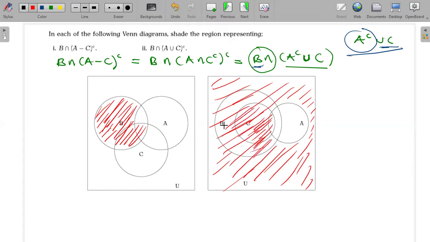Okay, so this here in red is our A complement union C. Now we intersect it with the set B. So it means I shade the whole set B. Okay, so I shade in this direction, like that, like that, like that, there, all the way, that is set B, there, like that.